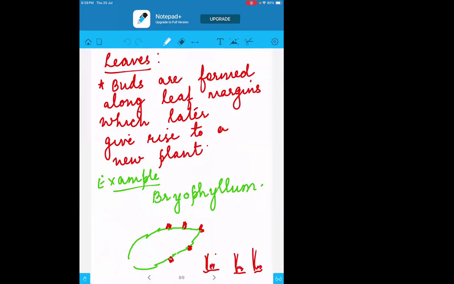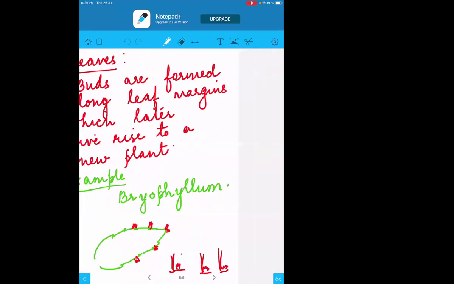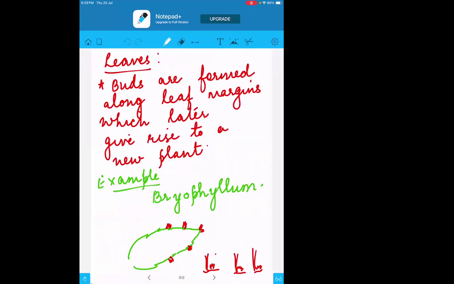Ma'am, can you show the next page? This page or the next page? Next one. One minute, ma'am. Okay, I didn't complete it.